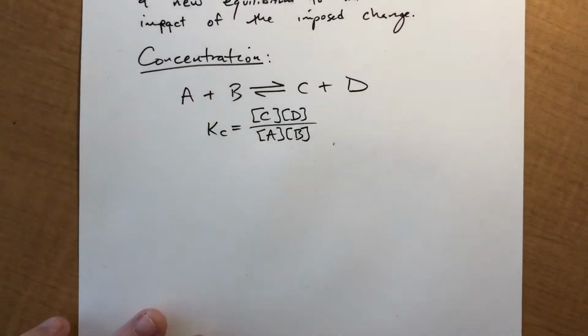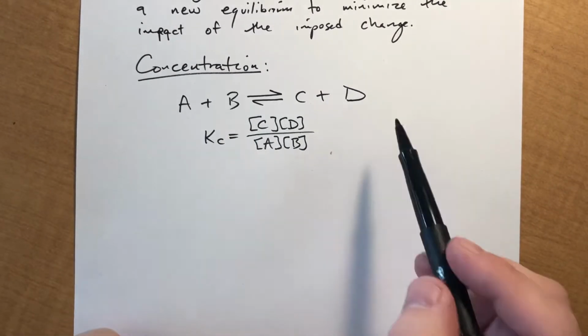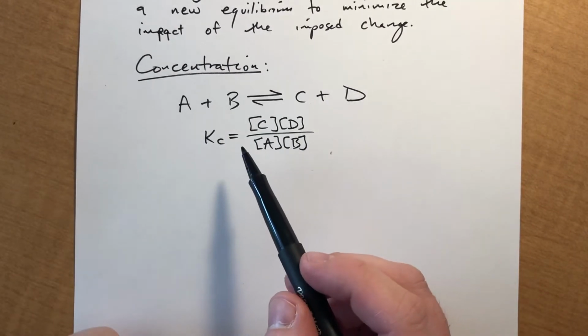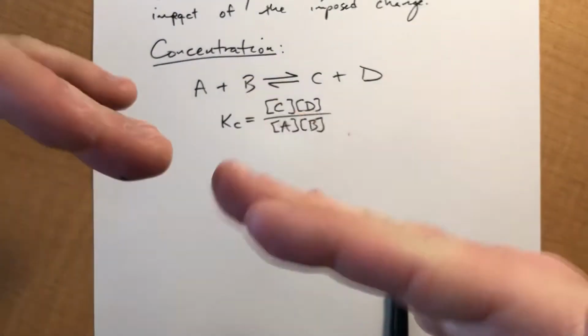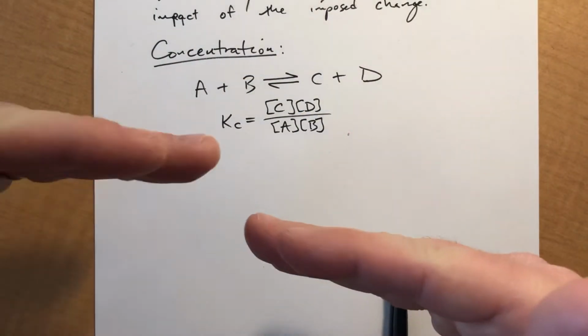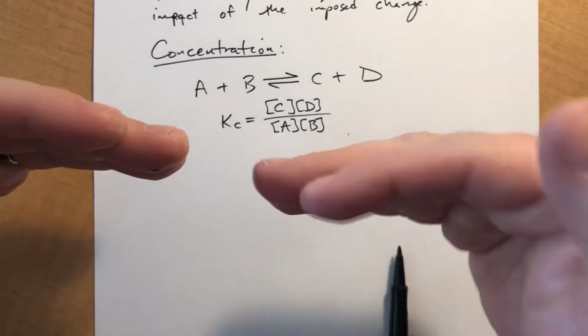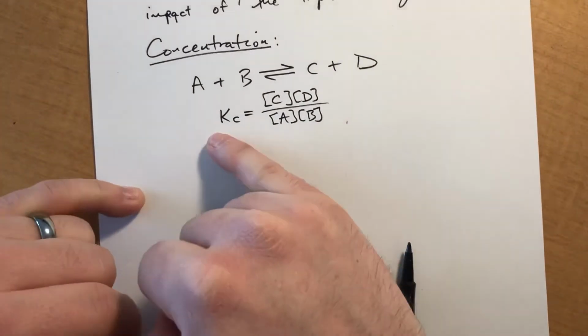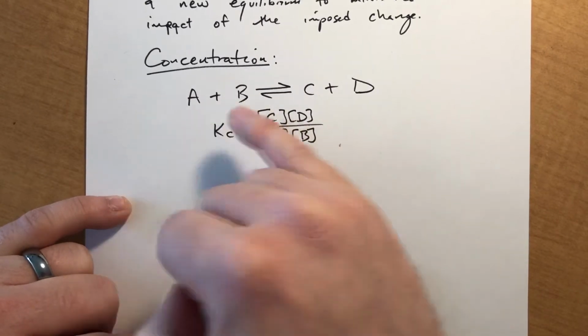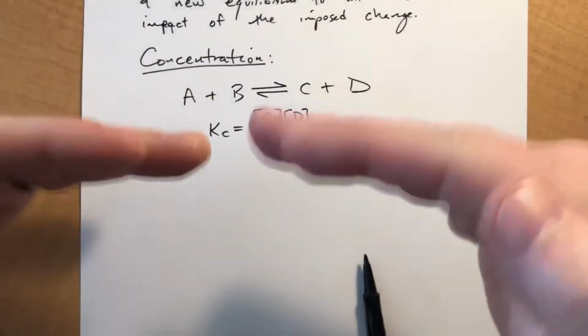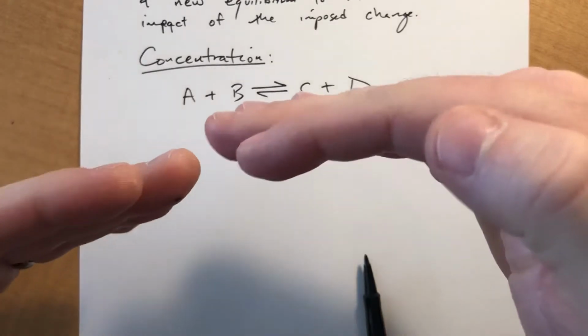What this means is that if we're starting at equilibrium, we can basically visualize it like a balance. If we have a specific amount of reactants and products that give us this equilibrium constant, and we increase the reactants, increase the products, decrease the reactants, or decrease the products, we've now upset the balance, and it's going to have to shift.